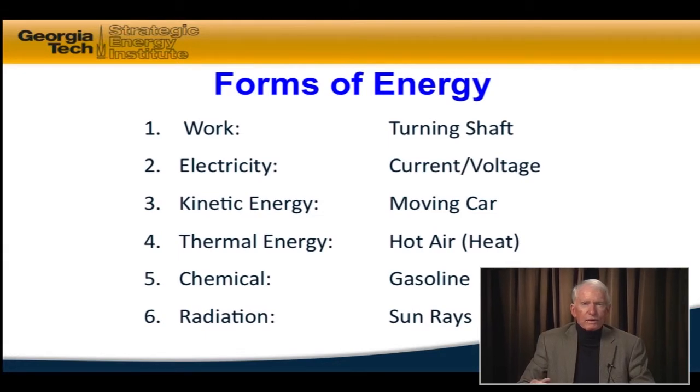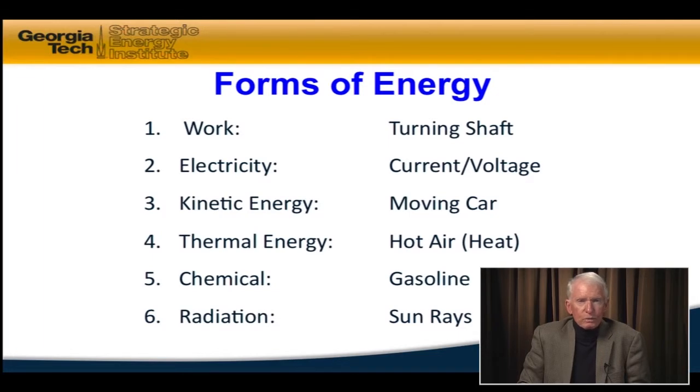Of course, you don't want to have a mile-long shaft, but we can produce electricity in one place and carry it over a mile-long power line and then use it to power an electric motor on the other end, and that can produce our work. So electricity is a very nice form of energy, but of course we don't find it in a natural state. We always have to generate it from some other source.